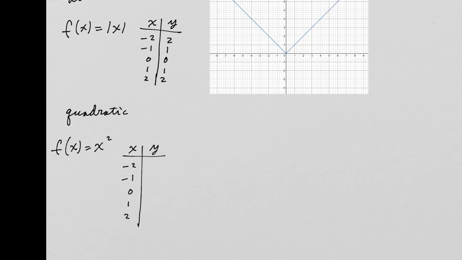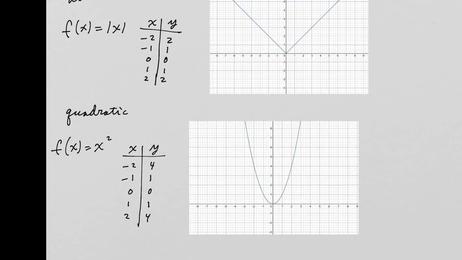Then the output values: if I square negative 2, so negative 2 times negative 2 is a positive 4, right? Negative 1 times negative 1 is a positive 1. 0 squared is 0, 1 squared is just 1, and 2 squared is 4. And if I plot that, it looks like this.